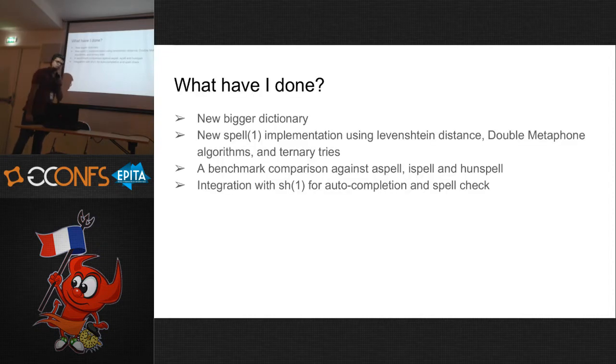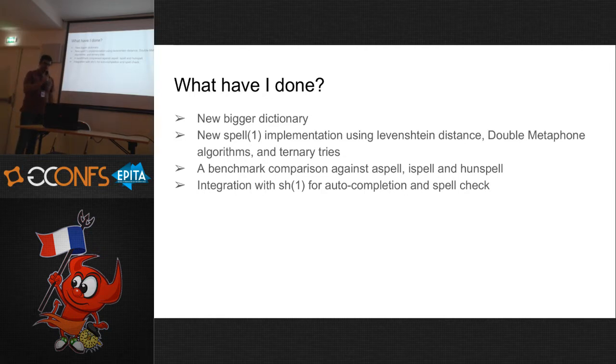So as part of this project, these are the four major things that I have done. I've created a bigger dictionary because the existing dictionary that is there in NetBSD, that is user shared dict words, doesn't have all the words, so I worked on expanding it.